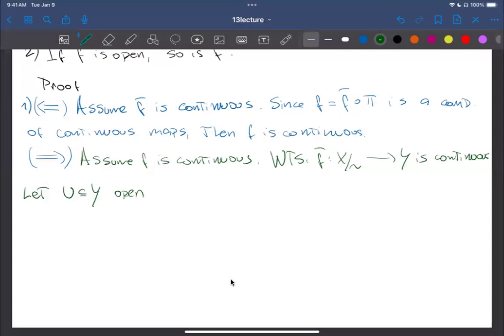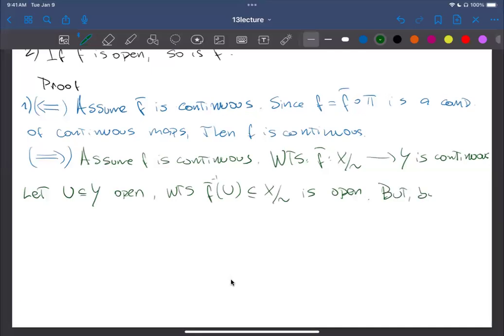I want to show the preimage under f bar of U, which is a subset of the quotient, is open. And it's open, of course, in the quotient topology. So how do we show that?